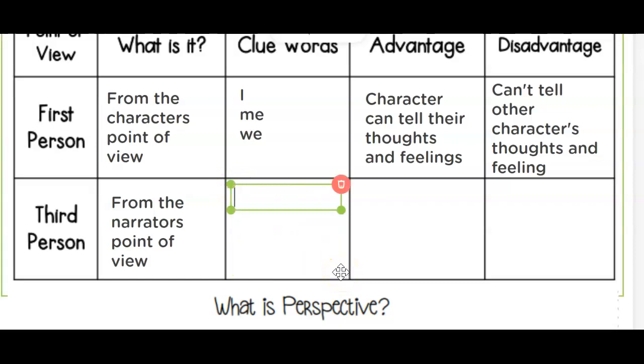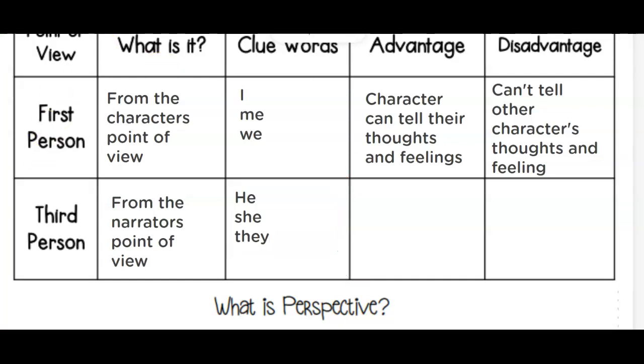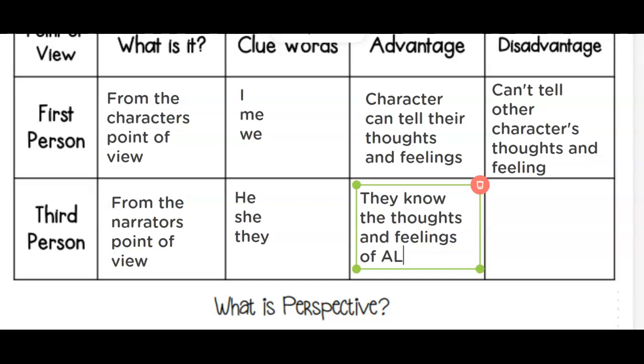Some clue words we might see are he, she, or they. You will never see I, me, or we when they are in third person. So some advantages are that they know the thoughts and feelings of all characters.